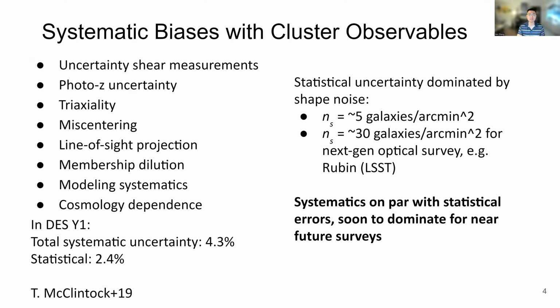Statistical uncertainty is mostly dominated by the shape noise of galaxies, which, as you increase the number density of galaxies, will decrease. In near future surveys, such as the Vera Rubin survey, as we increase the number of galaxies detected by an order of magnitude, the shape noise will drop by an order of magnitude. And hence, in near future surveys, systematics will soon dominate statistical noise. It's therefore very important for us to model accurately all of these systematics.